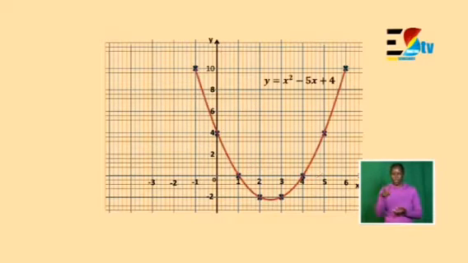So I've done that, and here is the curve. Make sure you join those points using your free hand and make a nice, smooth curve, because sometimes you are asked to use this curve to estimate other values.